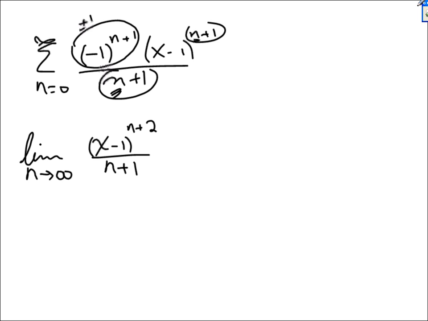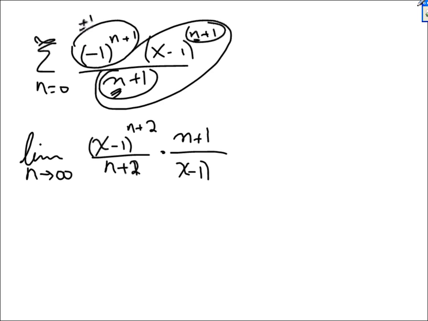Same for the bottom. Then we flip over the n term, for the absolute value of it, n plus 2, excuse me. And what happens is this goes into x minus 1 to the n plus 2 power, x minus 1 times.